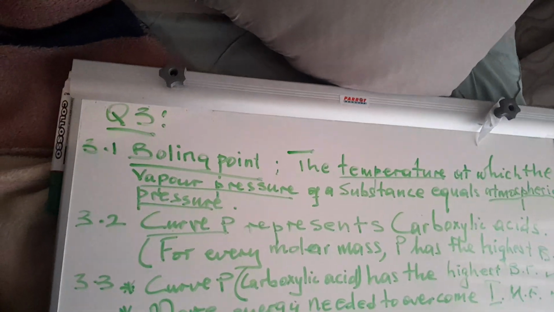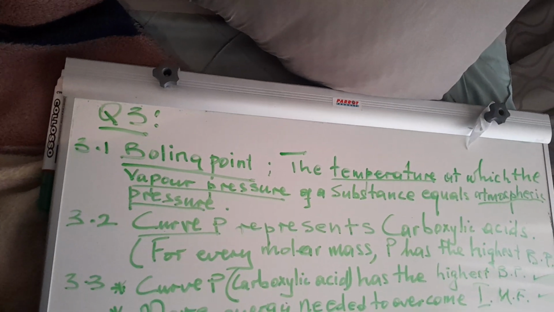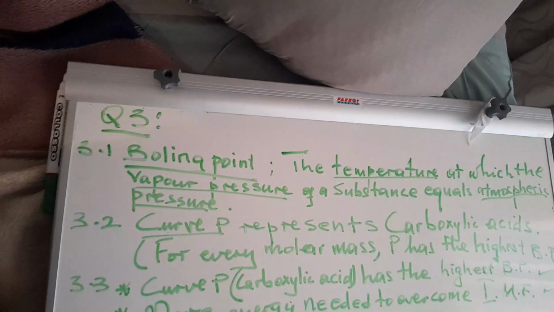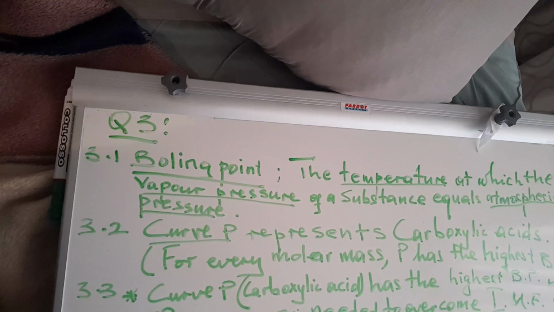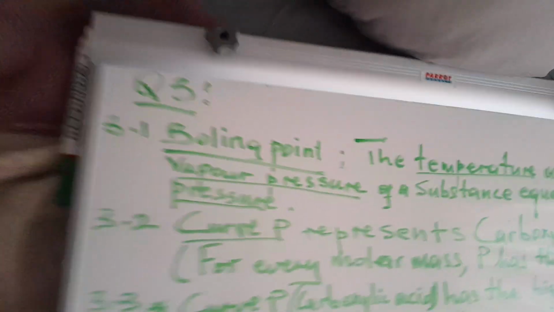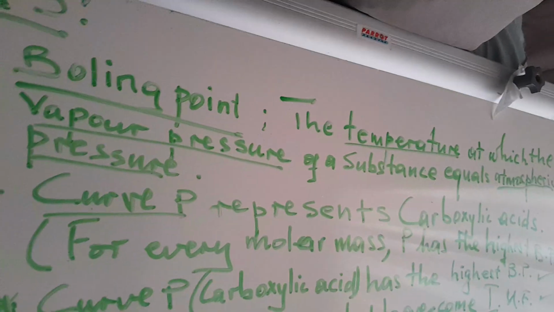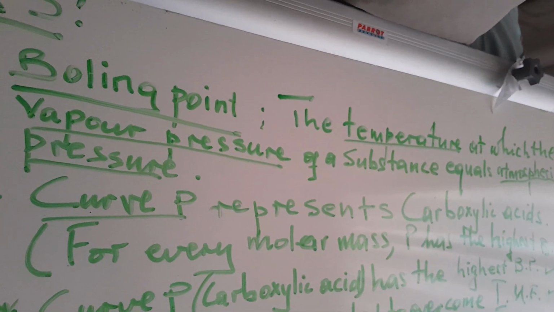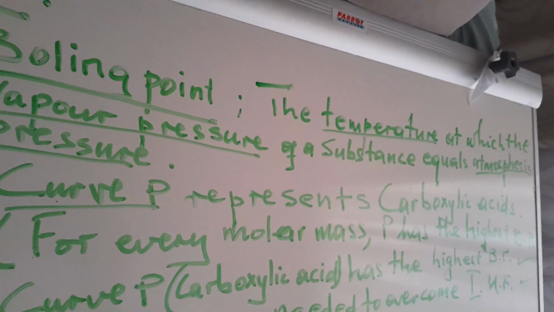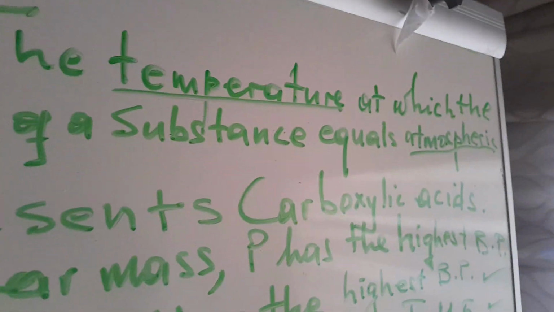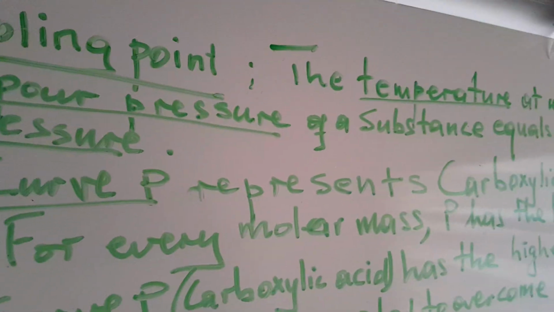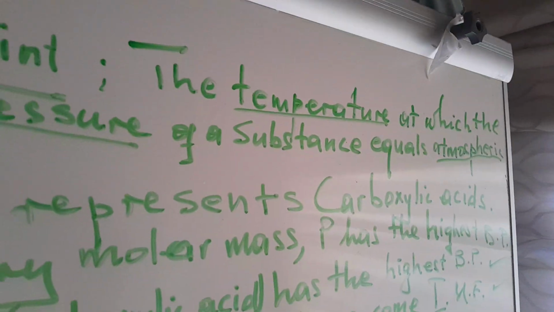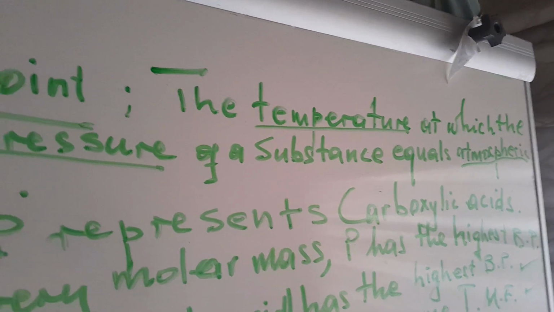So it's carboxylic acids, strongest intermolecular forces, followed by alcohols, and lastly aldehydes. So curve P represents carboxylic acids. Why? Because for every molar mass, curve P has the highest boiling point.